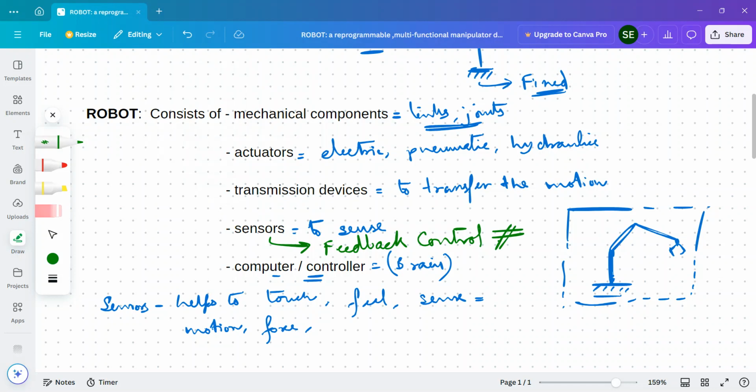You may have come across this question if you have interviewed for a robotics company like ABB or Fanuc. They may ask about the function of sensors several times, and if you say it helps to touch, feel, and sense, that is totally correct, but feedback control is more technical. Sensors are mostly used for feedback control. So these are the main components of a robot: actuators, transmission devices, sensors, and a controller.